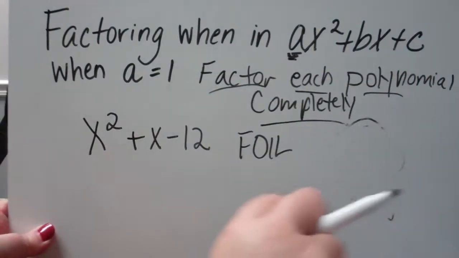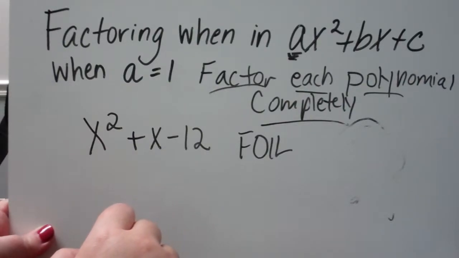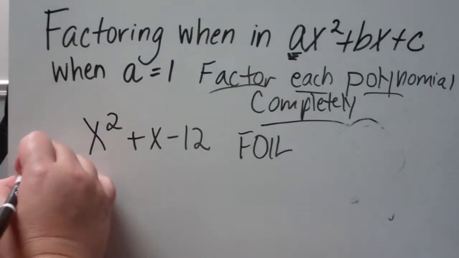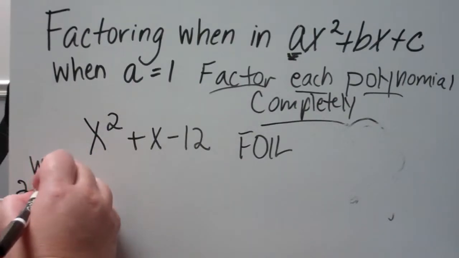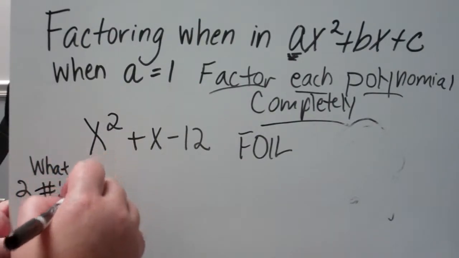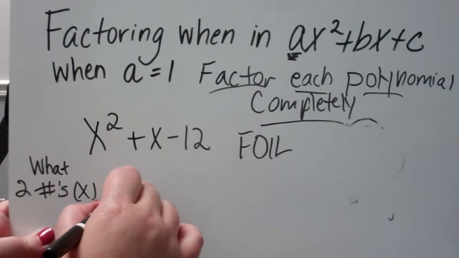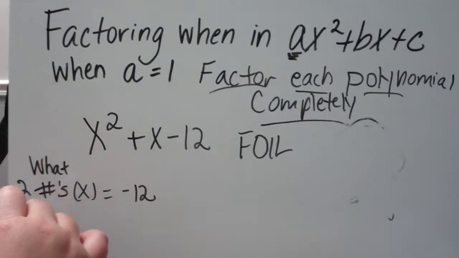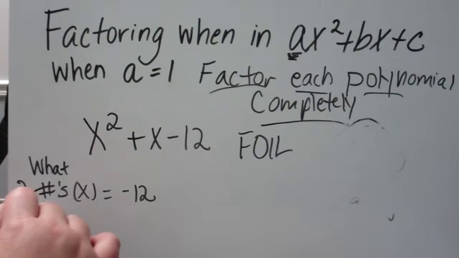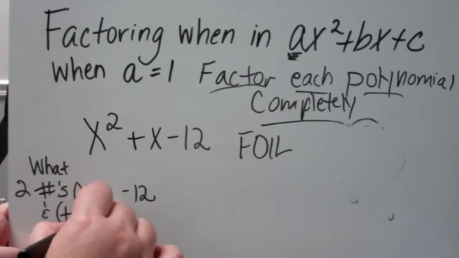For this particular problem, we want to ask ourselves two questions. What two numbers are going to multiply to equal negative 12 and add together to give us 1?